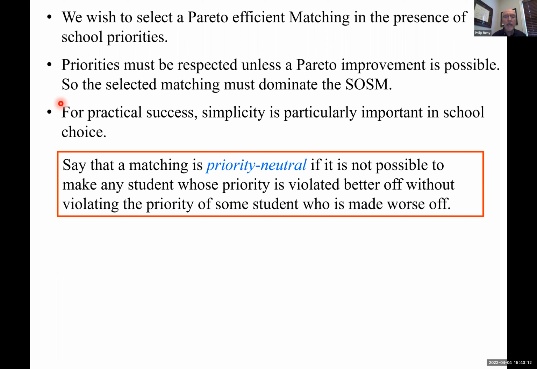I'm going to say that a matching is priority neutral if it's not possible to make any student whose priority is violated better off without violating the priority of some student who is made worse off. Say it again: a matching is priority neutral if it's not possible to make any student whose priority is violated by that matching better off without violating the priority of some student who is made worse off.